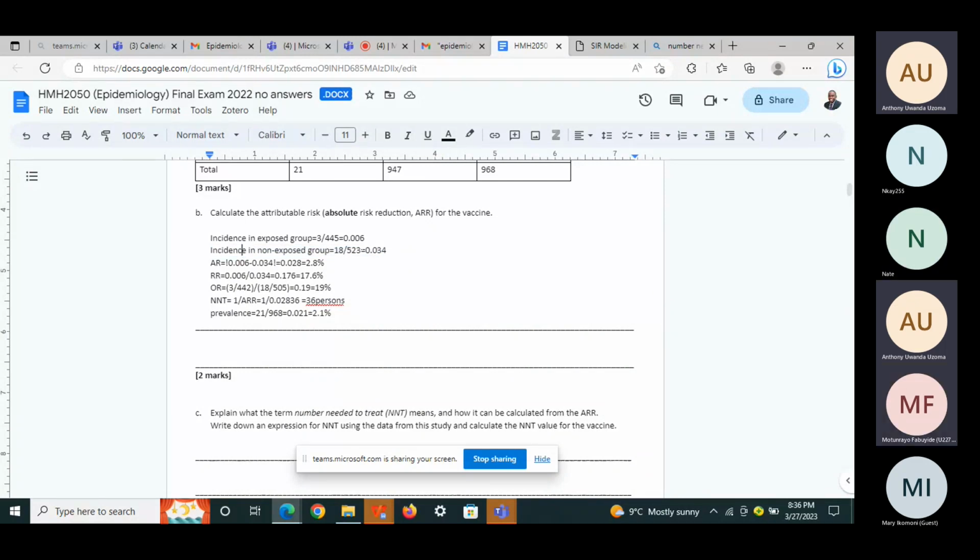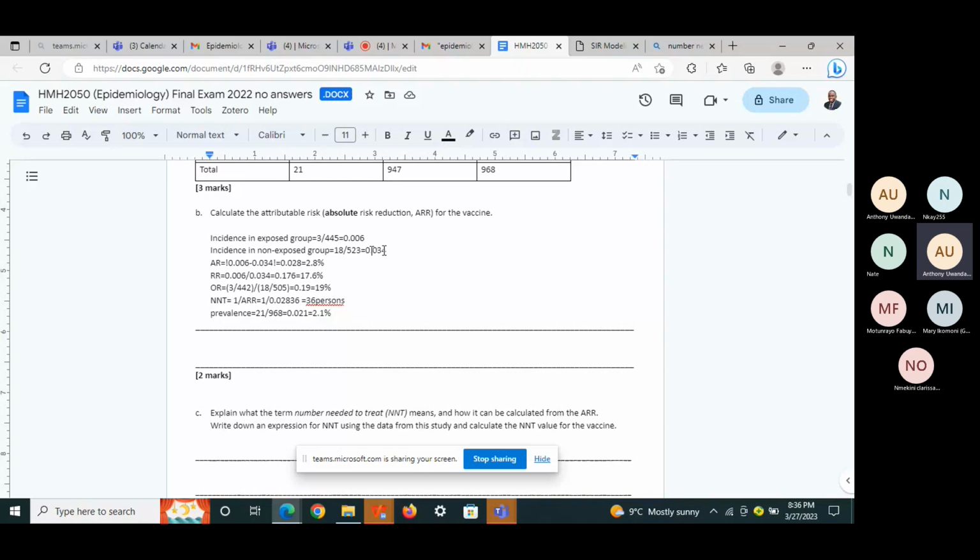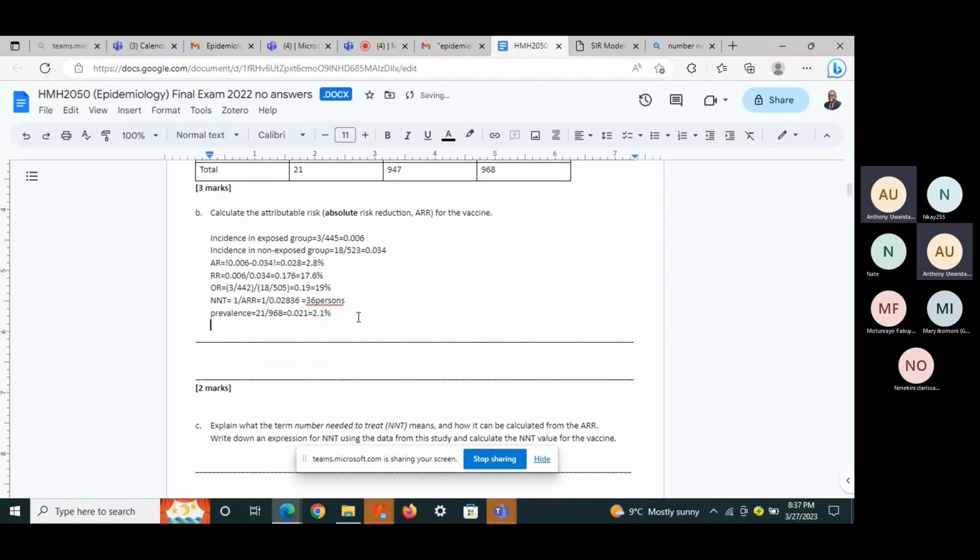So the risk in the non-exposed group is 0.034, right? Then the risk or incidence in the exposed group is 0.006. Let me add that here for the formula so that everything will be in one place. So we have our vaccine efficacy is equal to the risk in the non-exposed group, which is 0.034.